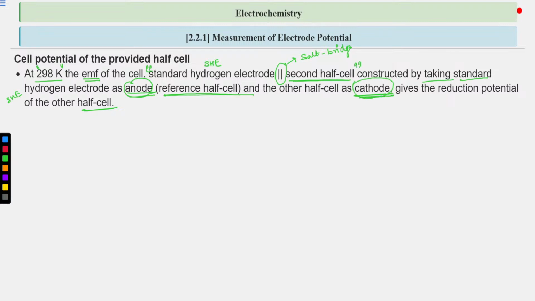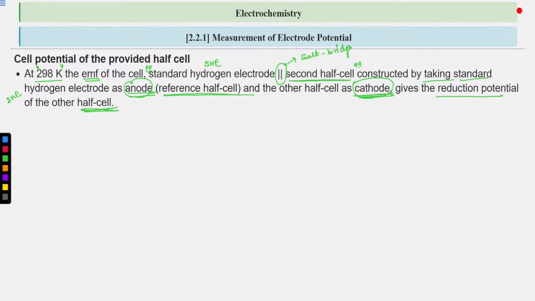So for a given cell at this temperature, the EMF of the cell, which we construct by SHE as anode and second half cell as cathode, will give the reduction potential of the other half cell. So if you get the EMF of this cell, it will be the reduction potential of the other half cell. This is what this line is trying to say.